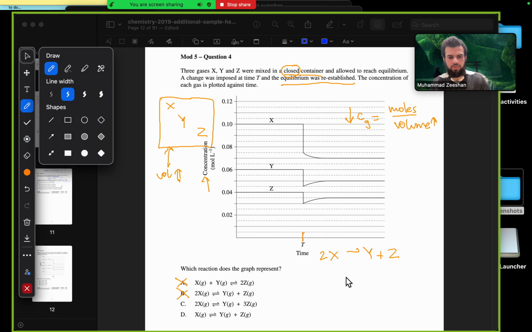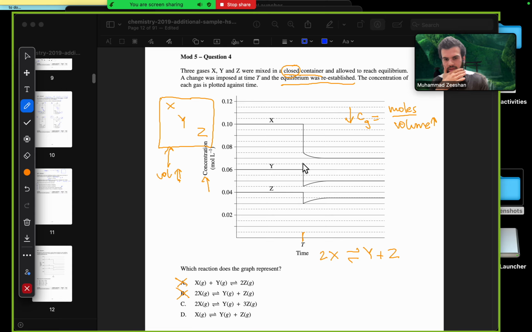So if it was this reaction, then the change would look more like 2 moles of X forms 1 mole of Y and 1 mole of Z. It would look like this. So the change would be 2 to 1.